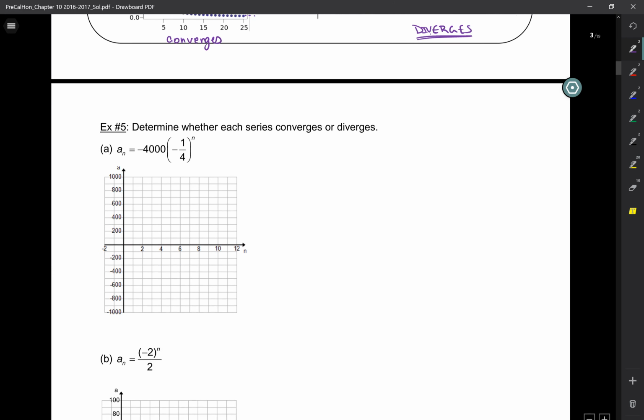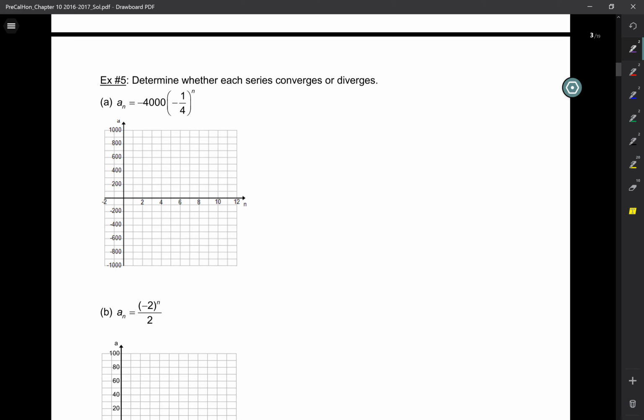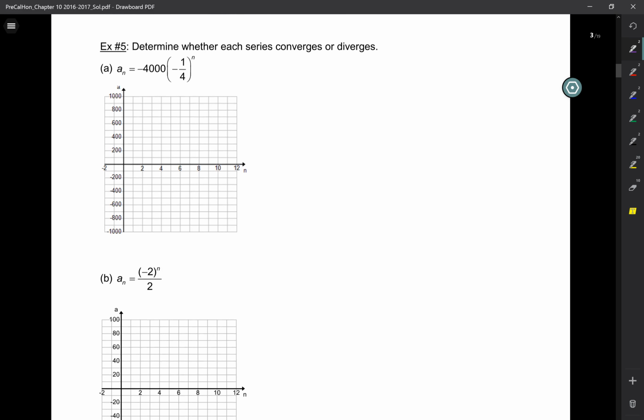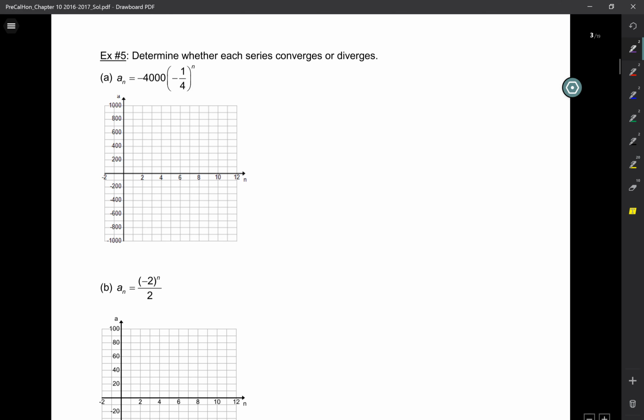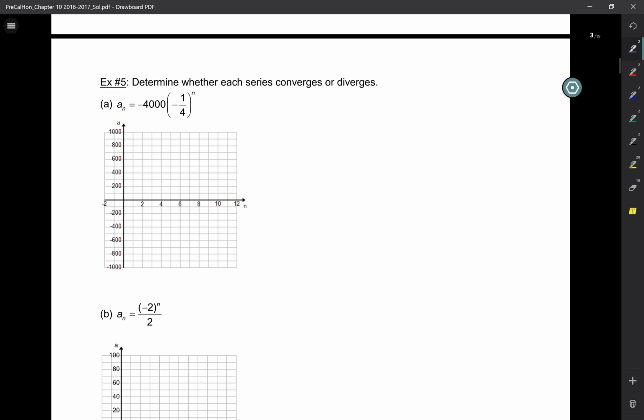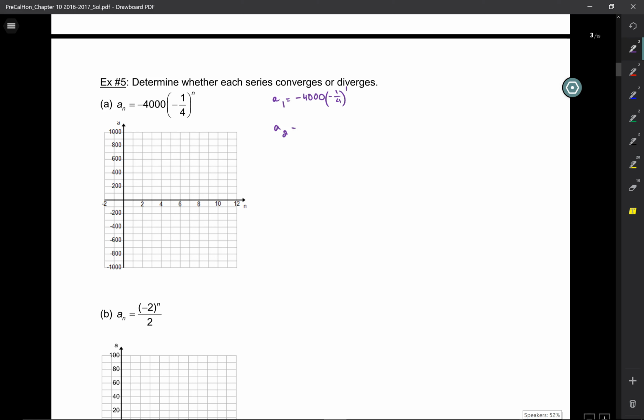All right. So let's take a look at this one and let's see if these will converge or if they will diverge. What we're going to do is we're going to generate each of these terms here. So what I'm going to do is I'm going to find A1. And how do I do that? That's negative 4,000 times negative 1 over 4 to the power of 1. And then A2 is going to be negative 4,000, negative 1 over 4 to the power of 2.